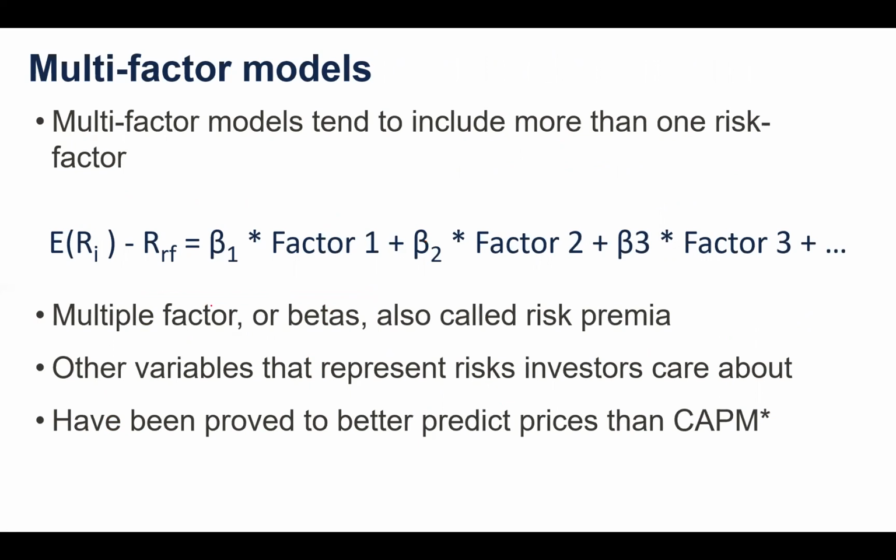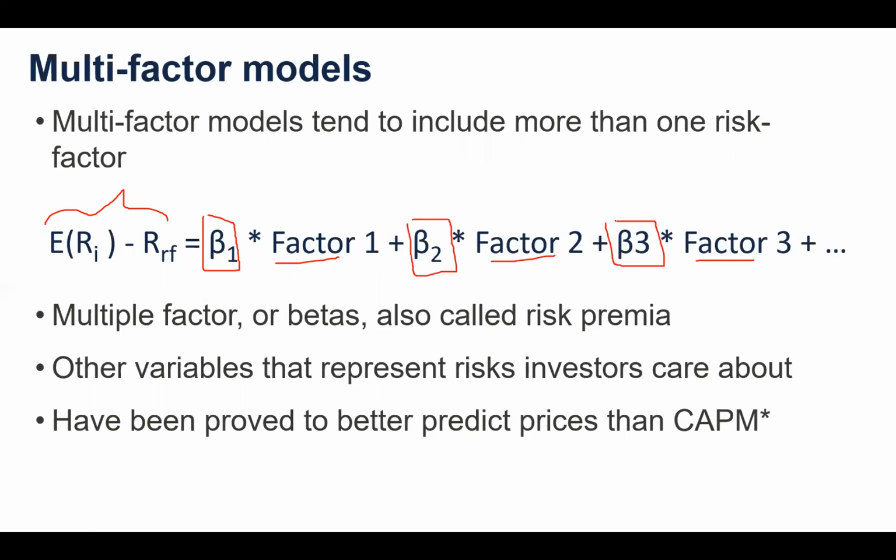Multi-factor models, basically what they do is say that the expected return of this asset over the risk-free asset is not solely dependent on beta, right? You try to break down risk factors, and you can think of as many as you want here, but each risk factor has its own beta.